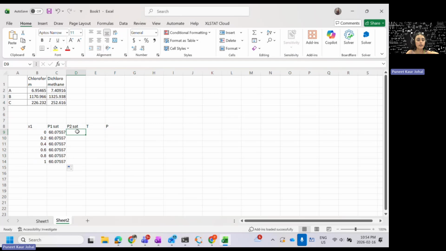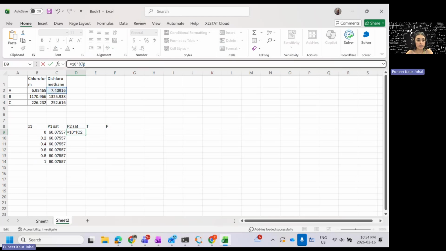Similarly, P2, when we write the equation for this, is going to be exactly the anti-log of the A value, but here the second component is dichloromethane.